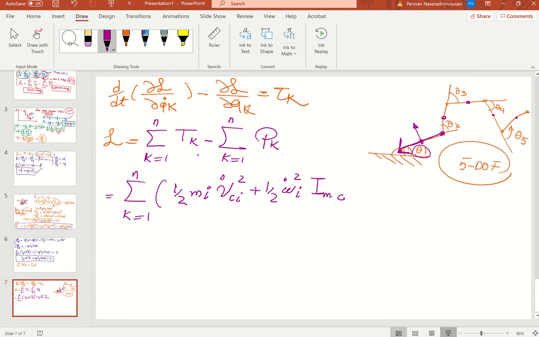Minus the sum of the Pk, k from 1 to n, if you have only solid links, no elastic links, is mi g times its mass center with respect to the base coordinate system. Understand?